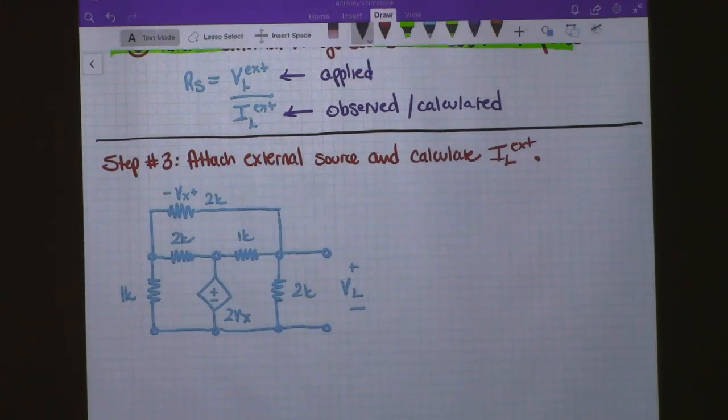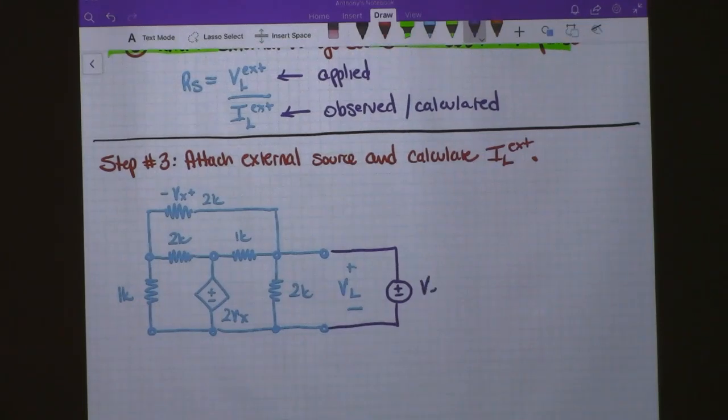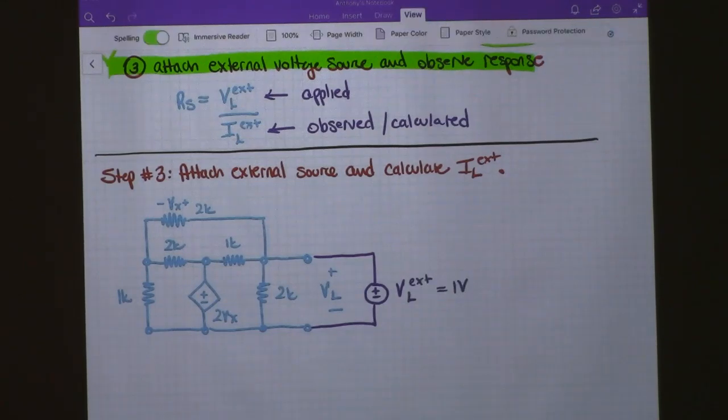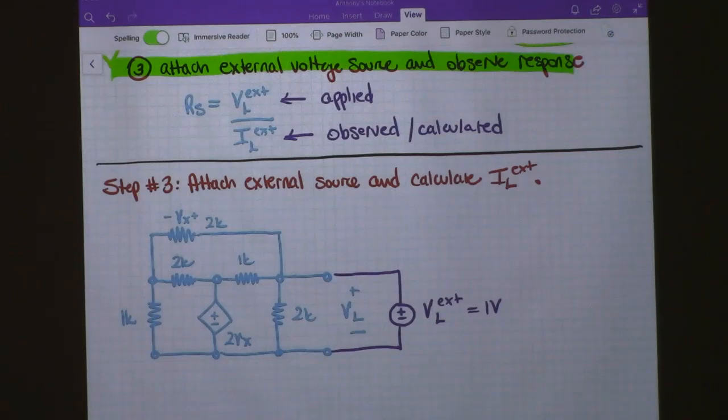All right. So let's apply our external source, which just goes at the terminals right there. We're going to use V external. Let me write the same way I did above. VL external equals 1 volt. Now, it doesn't really matter what value you use.